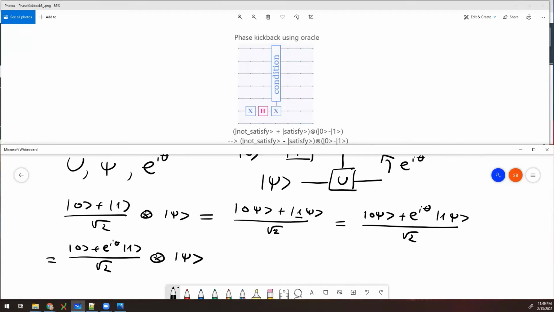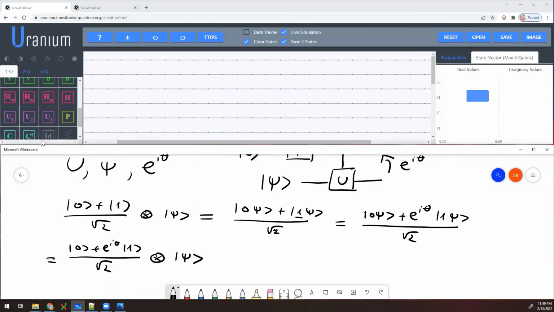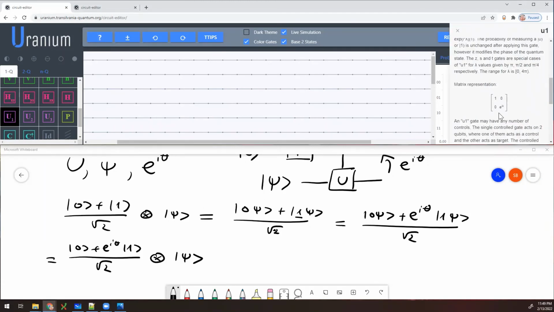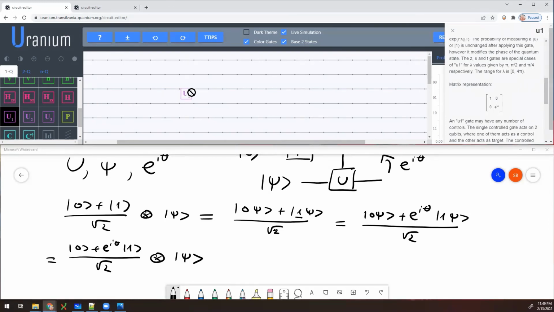Now let's show this in our simulator. To do that, we'll use this gate U1, which has eigenstates 0 and 1. And for the 1 eigenstate, the eigenvalue is configurable via this parameter lambda. Now let's have our setup.